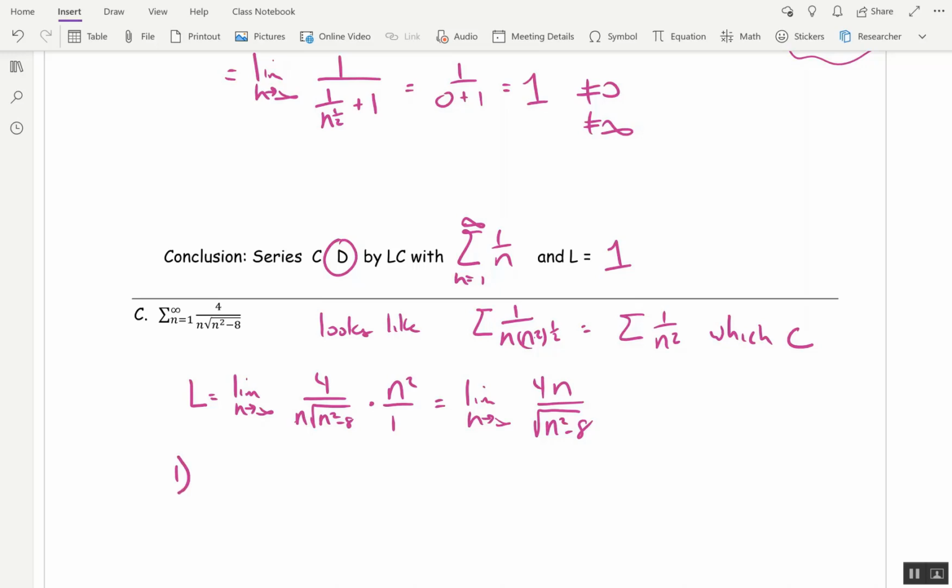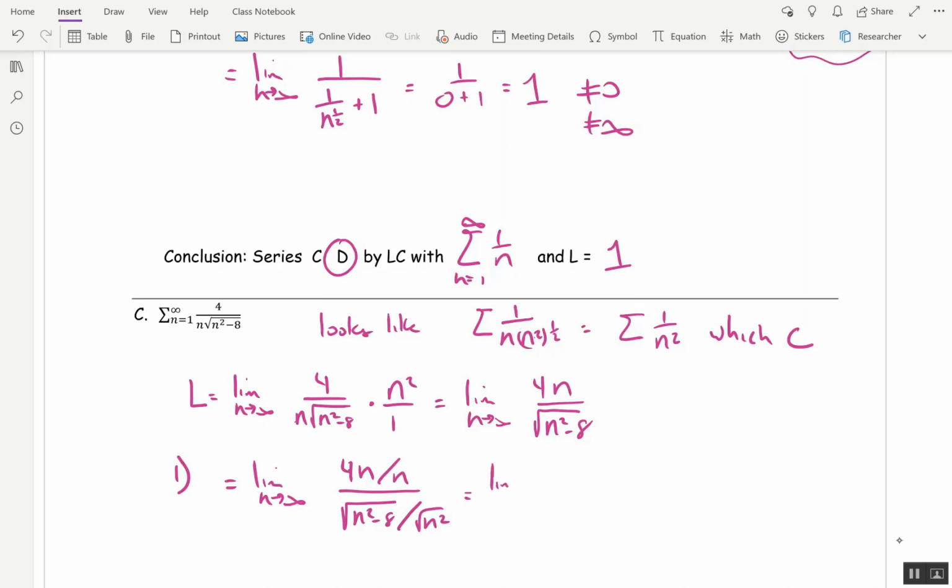So method 1, this is equal to the limit as n goes to infinity. I'm going to divide by n over n, but downstairs I'm going to write n as the square root of n squared so that I can get that n squared into the square root part.